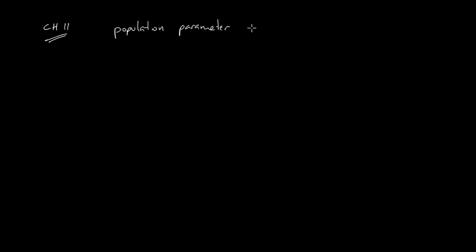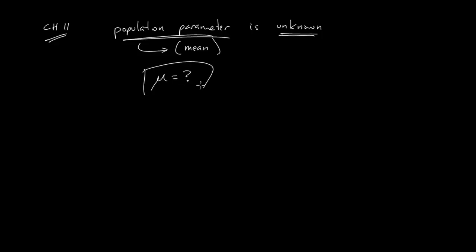In the case of Chapter 11, it's always the population mean, and it's going to be unknown. The whole idea of all of your work, all of your chapters after the midterm, is that there's going to be some sort of a population parameter that's unknown.